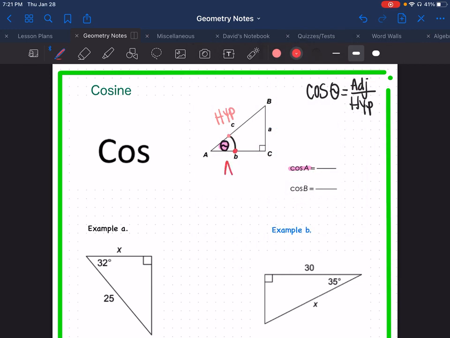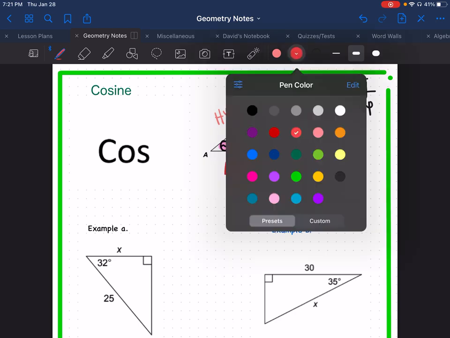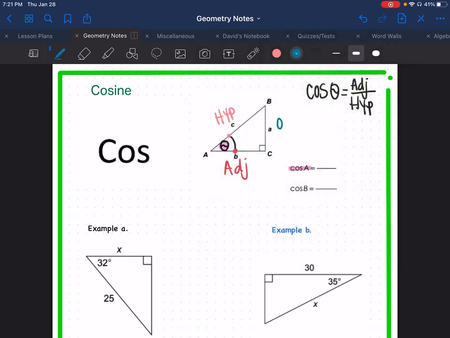This is going to be my adjacent because it's next to my theta. And of course, this side over here at A is going to be my opposite. To find cosine, it's adjacent, which would be B, over the hypotenuse, which is going to be C.